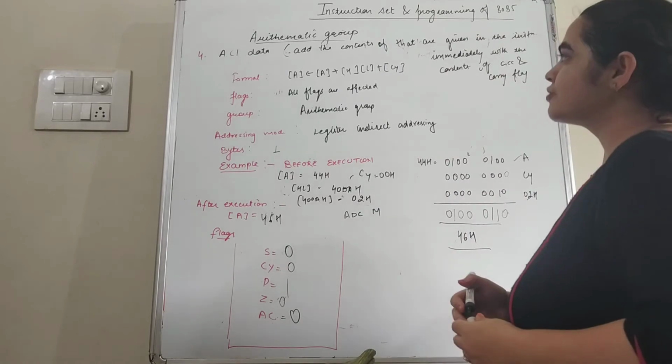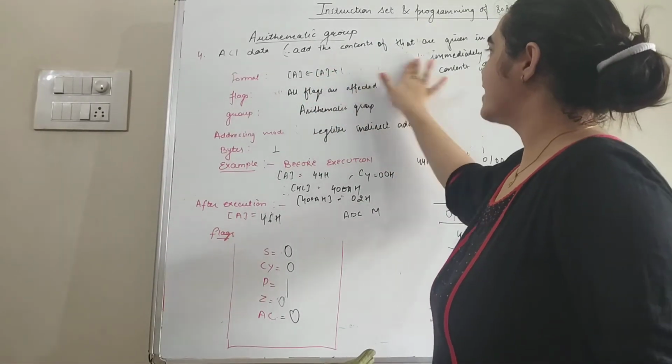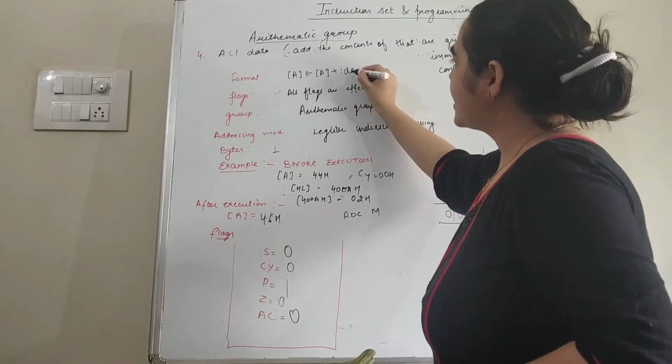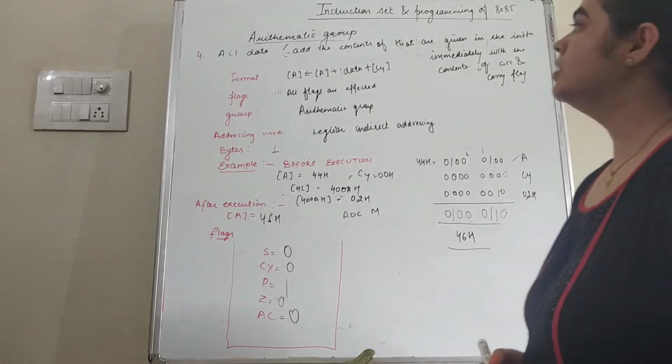So the format of this instruction is that the contents of the accumulator are added with the data given in the instruction plus the value present in the carry flag.